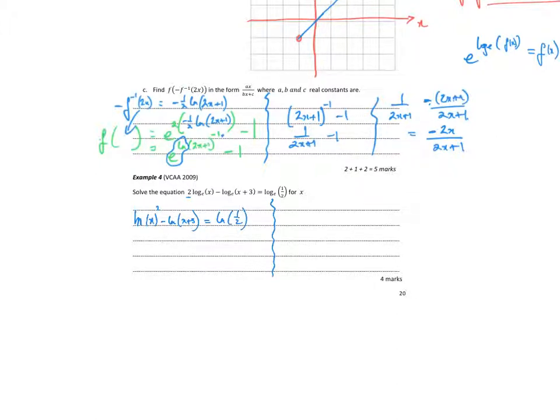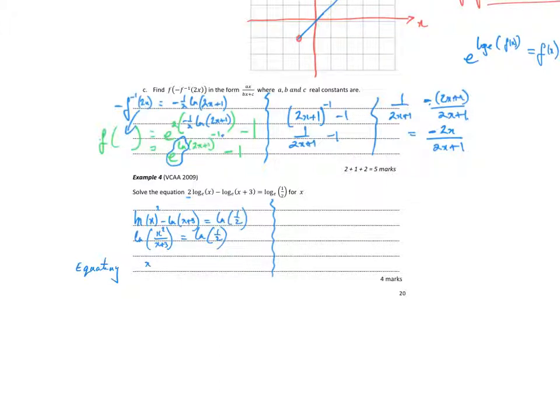So let's concentrate on the left-hand side. If we subtract, we divide. So I get x squared over x plus 3 equals natural log of a half. Now, if log base e of something has to equal log base e of something, the two somethings have to be the same. So we don't cancel, we equate.